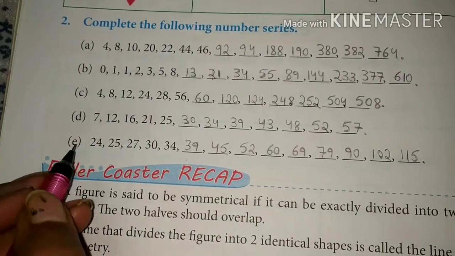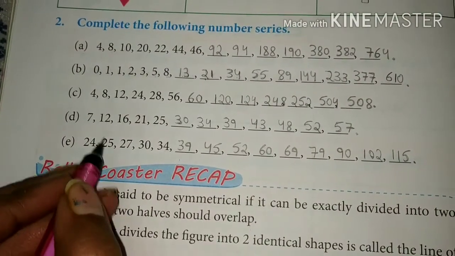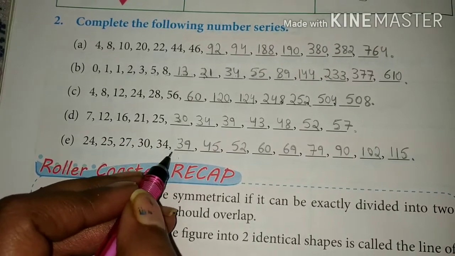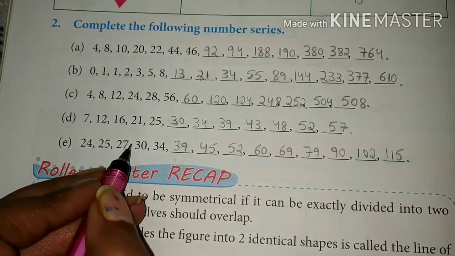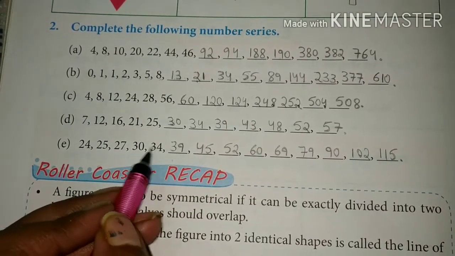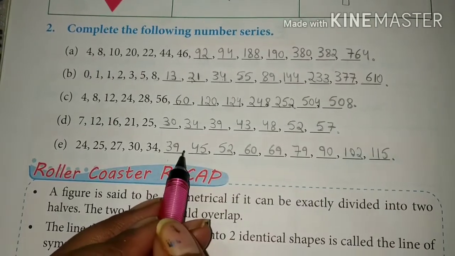Now students, come to E part. Question is 24, 25, 27, 30, 34. Students, in this question, we have to understand the pattern which these numbers are following so that we can fill the other blanks.